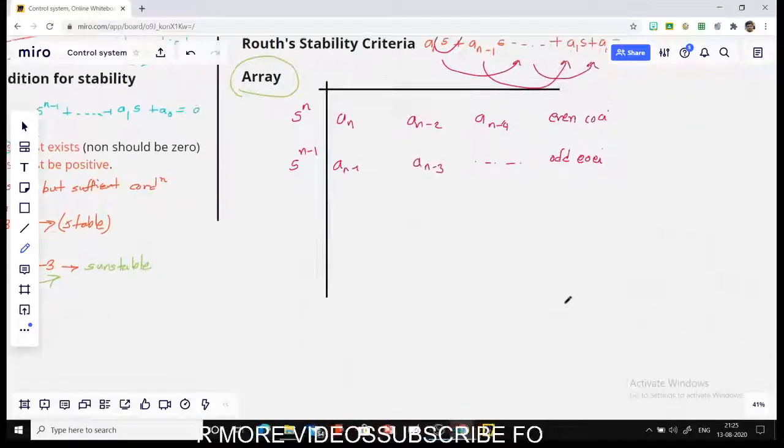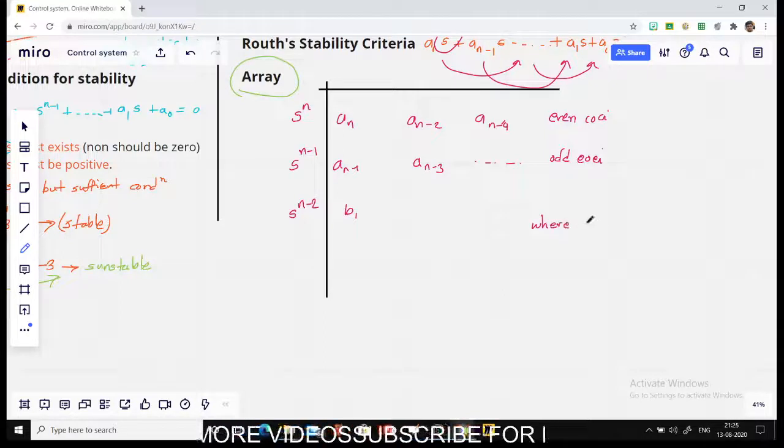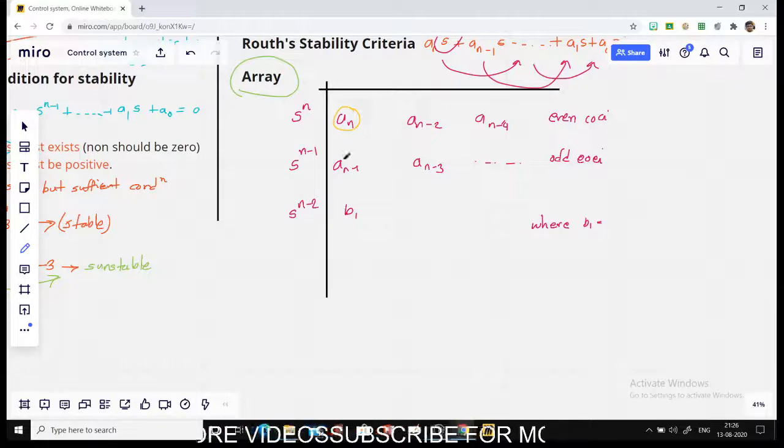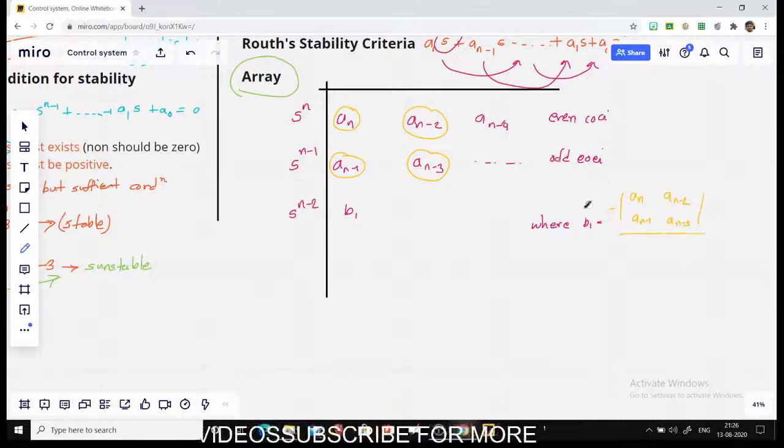Now what about s raised to n minus 2? This will be b1, where b1 is equal to minus the determinant of a_n, a_(n-2), a_(n-1), a_(n-3), divided by the value above, which is a_(n-1).